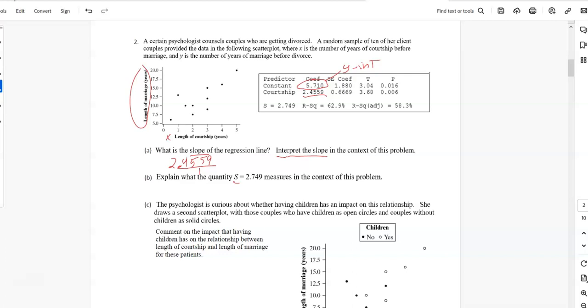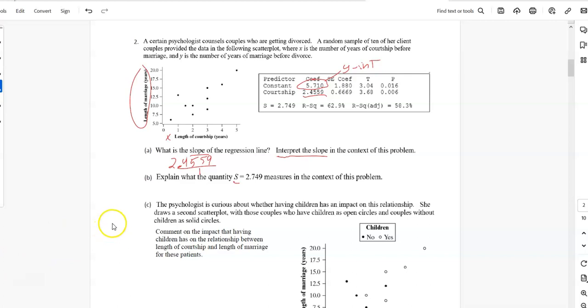So if you want to think that way, 2.749 is the typical difference from the predicted number of years that the marriage is going to last, given the length of ownership, or courtship, I should say.